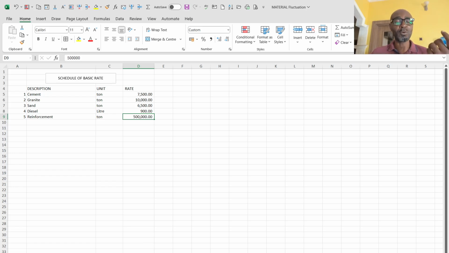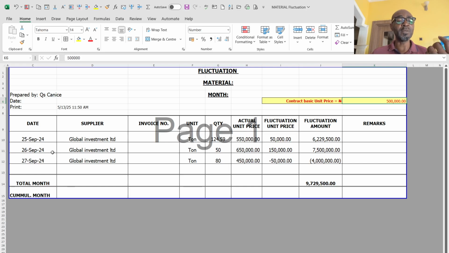So for steel, in the month of September, a supplier that supplied reinforcement, Global Investment Limited, on the 25th supplied 124.59 tons at a rate of 550.